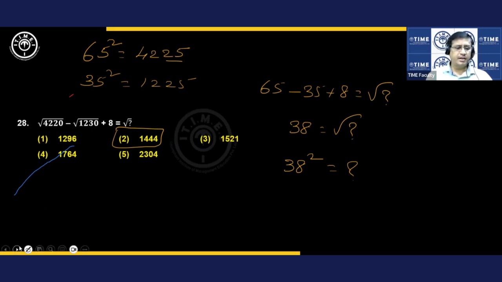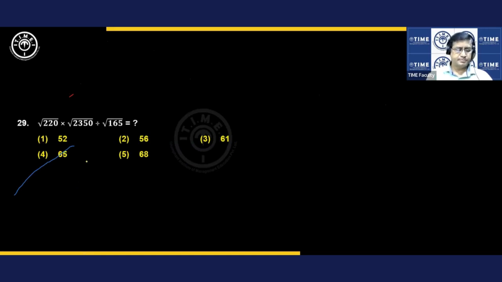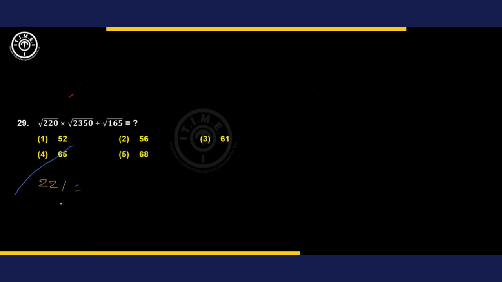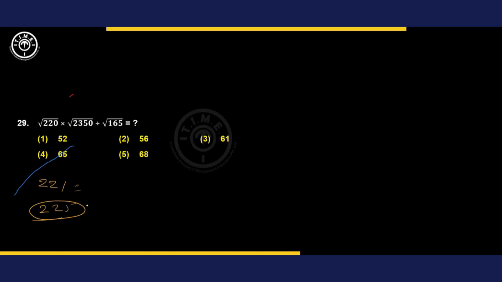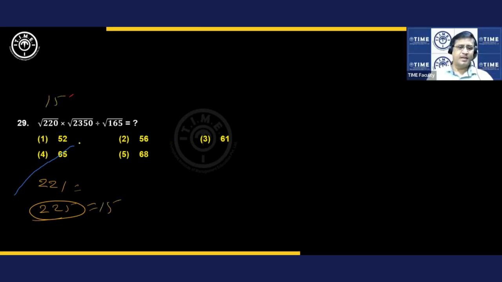Next, question number 29 on your screen. 220. Is it a perfect square? No. What is the nearest perfect square? 225, sir. 225. 221, is it a perfect square? 225 is a perfect square. So 15. Now 2351, sorry, 2350 or 52, is it a perfect square?